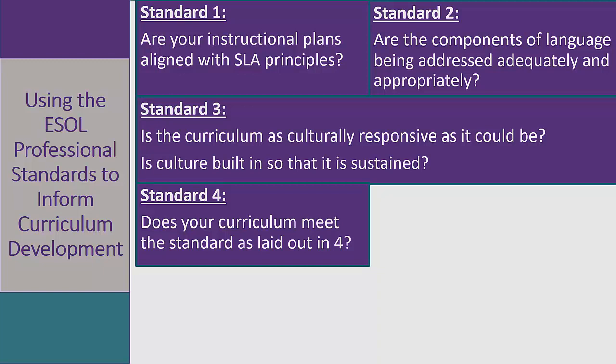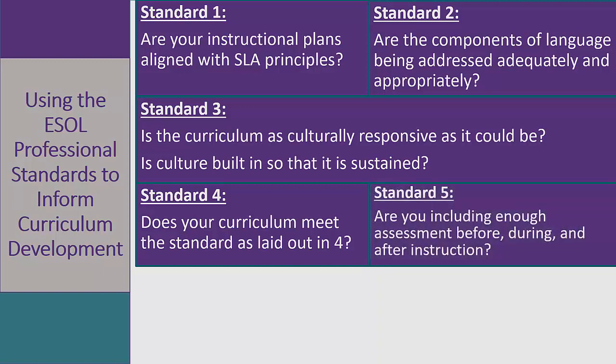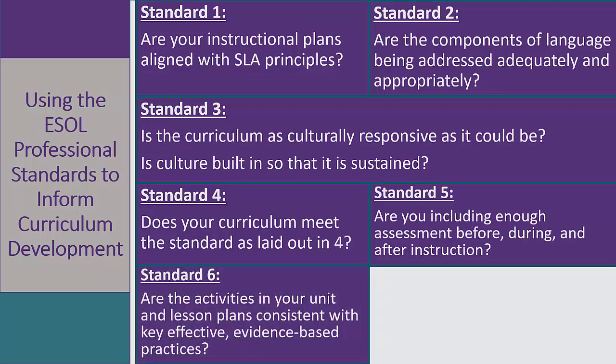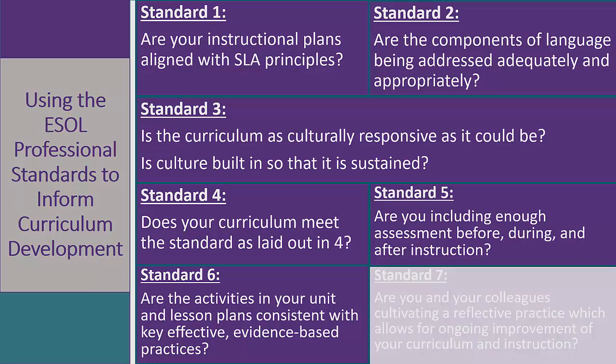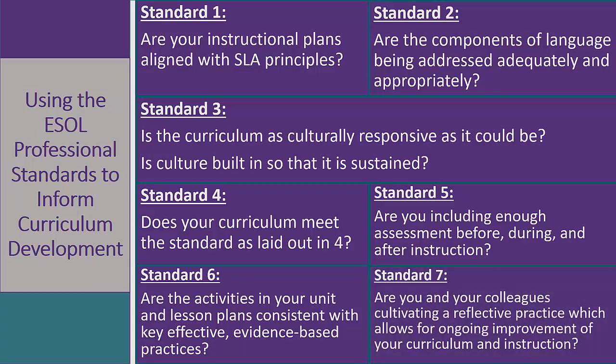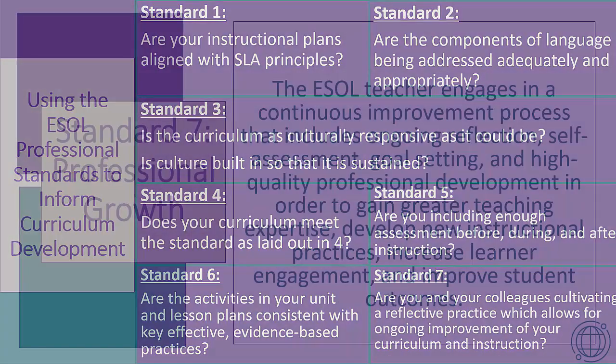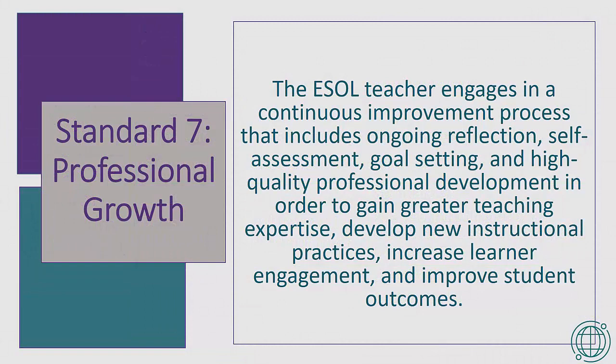Are you including enough assessments before, during, and after instruction in your plans? Are the activities in your unit and lesson plans consistent with the key effective and evidence-based practices described in Standard 6? And finally, are you and your colleagues cultivating a reflective practice that would allow you to regularly improve your curriculum and instruction? This leads us to Standard 7, Professional Growth.